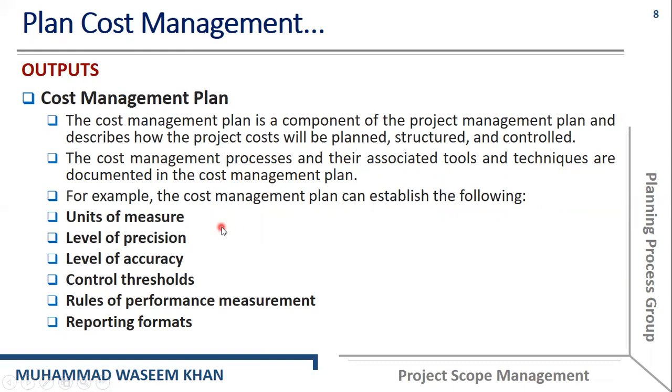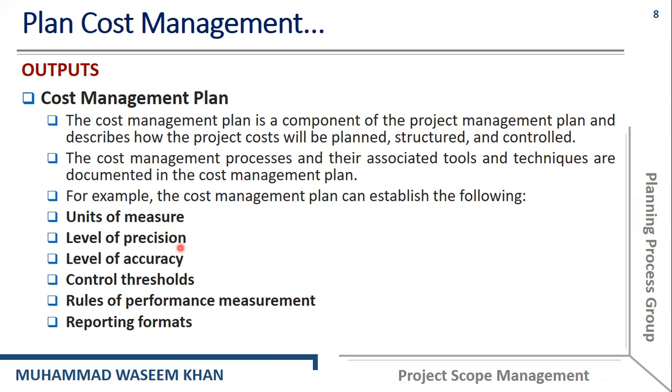Some of the different things that are included in the cost management plan are here in front of you. That is the units of measure: what should be the unit in which we are doing some statistics or measurements? Then the level of precision, how precisely we are going to perform different techniques.